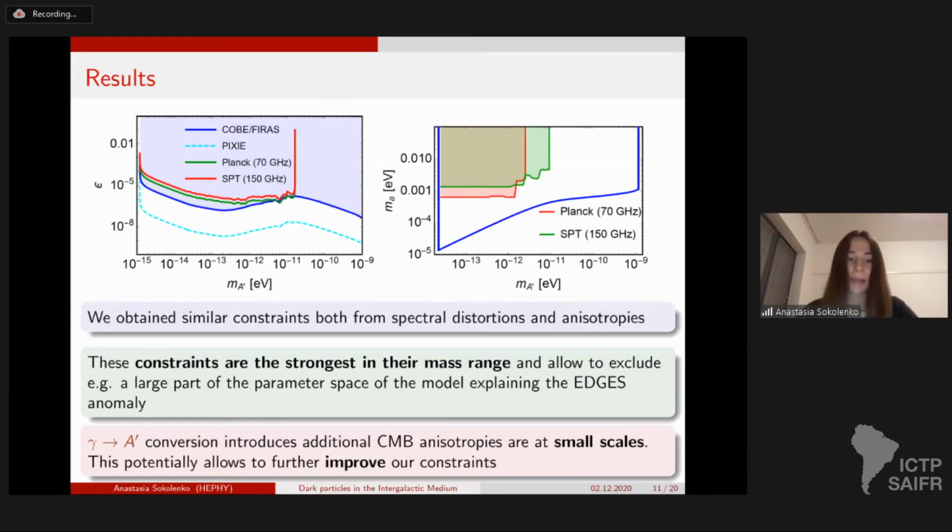But at this point, that's what we have. And if you assume that your dark matter particles are made from axions, and this model was studied to explain the EDGES anomaly, the parameter space that explains the EDGES anomaly is here with this blue line. With this approach, we are able to exclude quite a large parameter space for this model.